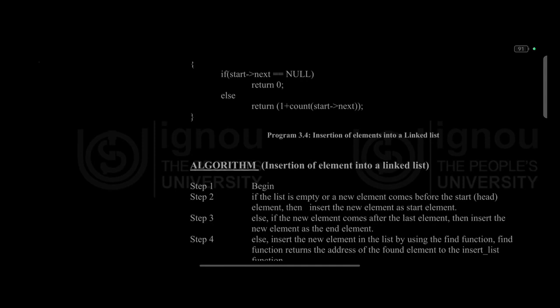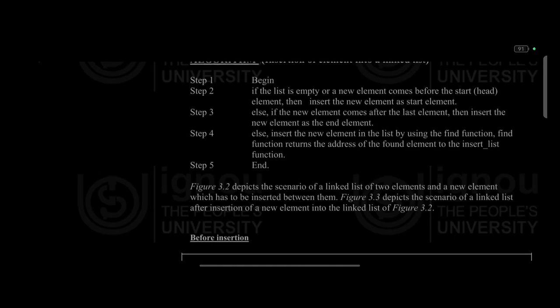Algorithm: insertion of an element into a linked list. Step 1: Begin. Step 2: If the list is empty or the new element comes before the start (head) element, then insert the new element as the start element. Step 3: Else if the new element comes after the last element, then insert the new element as the end element.